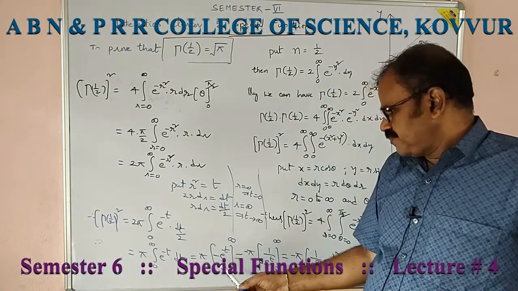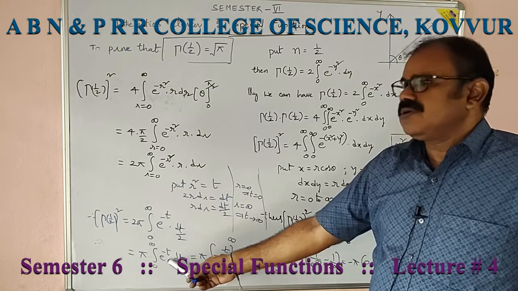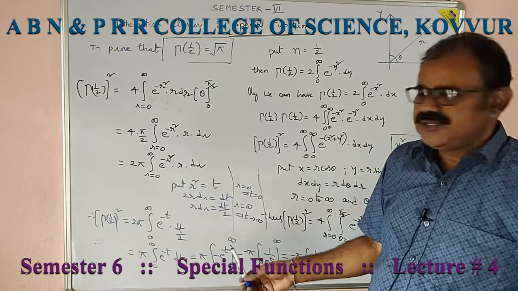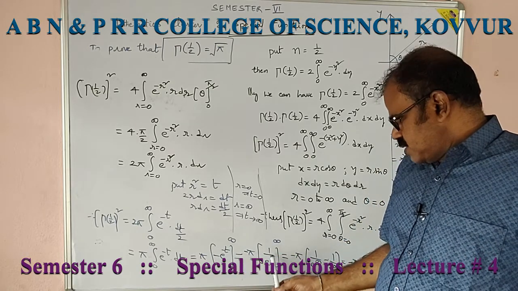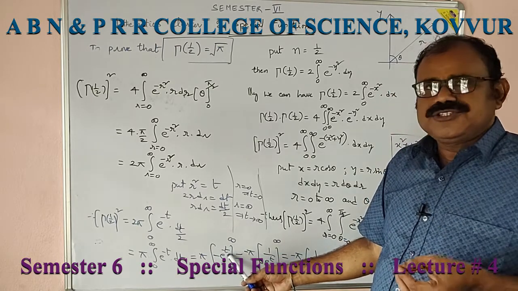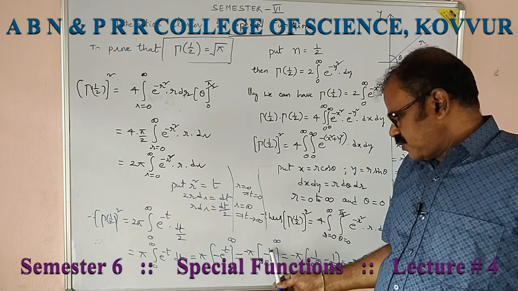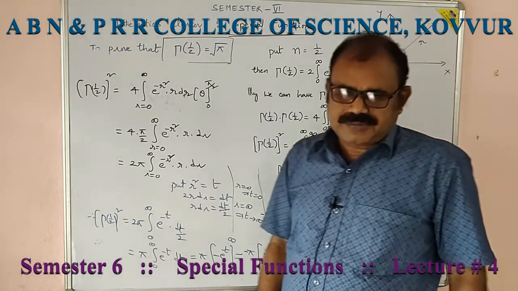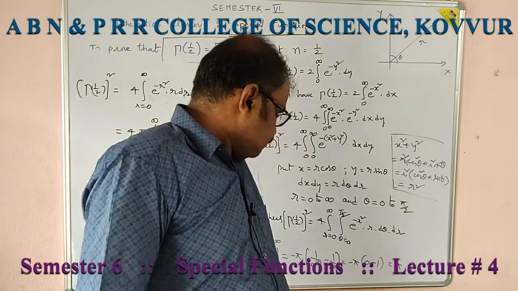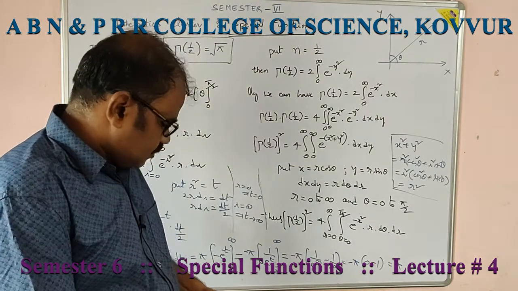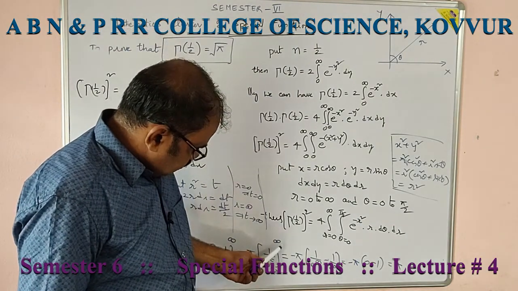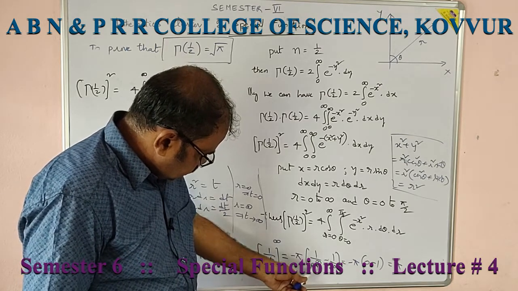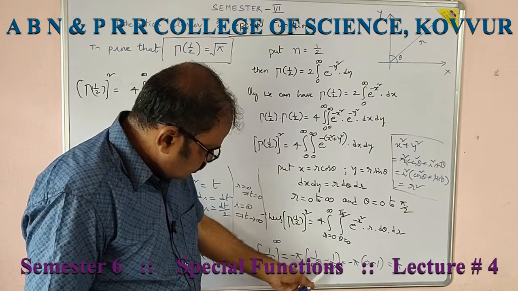So simple integration. Pi into the integral value of e power minus t is minus e power minus t between the limits 0 and infinity. Take out that minus sign. We can write e to the power of minus t as 1 by e power t, from 0 to infinity, and upper limit is infinity, so 1 by e to the power of infinity minus 1 by e power 0.